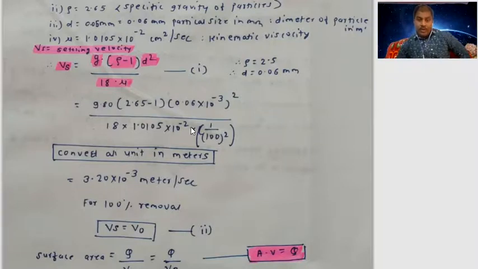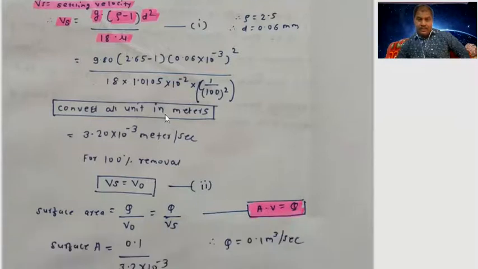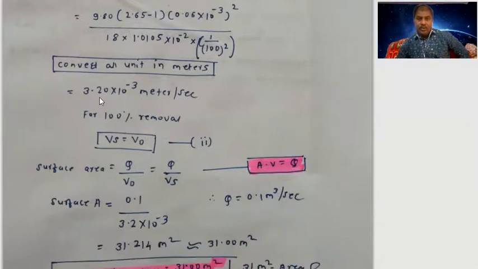Here you have to convert the units, converting all to meters, which gives 3.20 into 10 to the minus 3 meter per second.